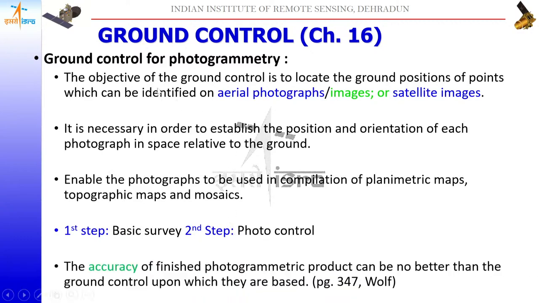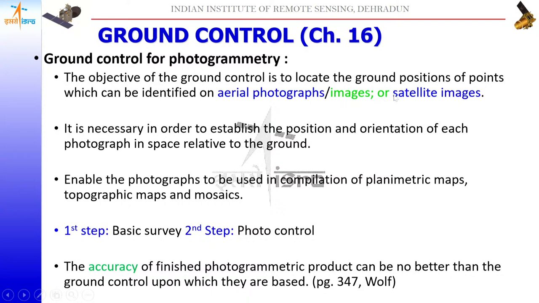Ground control is very good when we are going for georeferencing and improving the geo coordinates of our satellite data. This is ground control for photogrammetry. The objective of ground control is to locate the ground position of points which can be identified on the aerial photographs, our images.